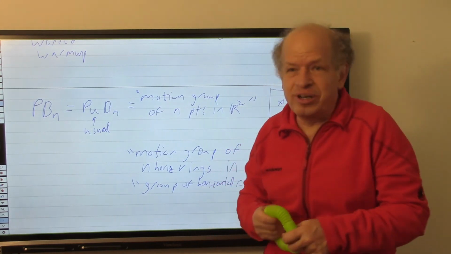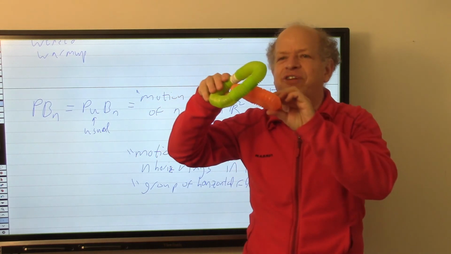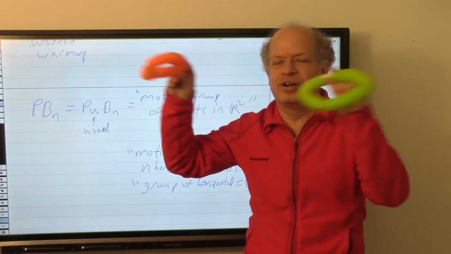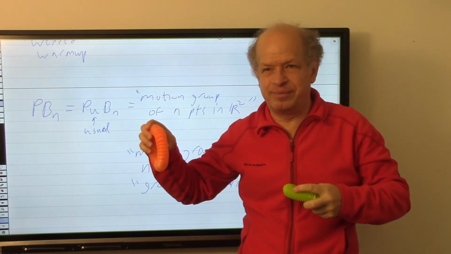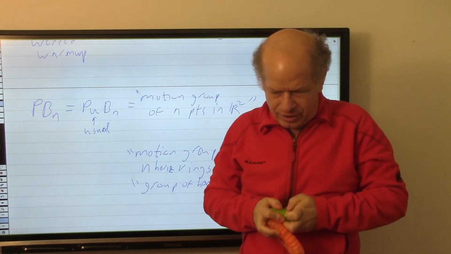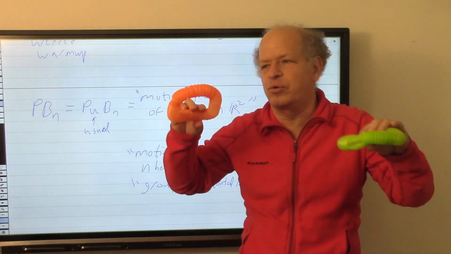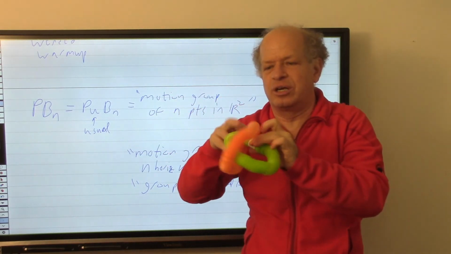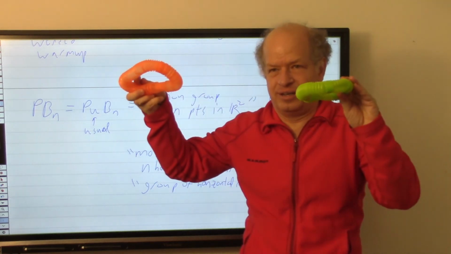But there is a more interesting way to trade places, and this is one ring can fly through another, and then they've traded places. In fact, there are 2 ways this can happen, because either green flies through orange, or orange flies through green.